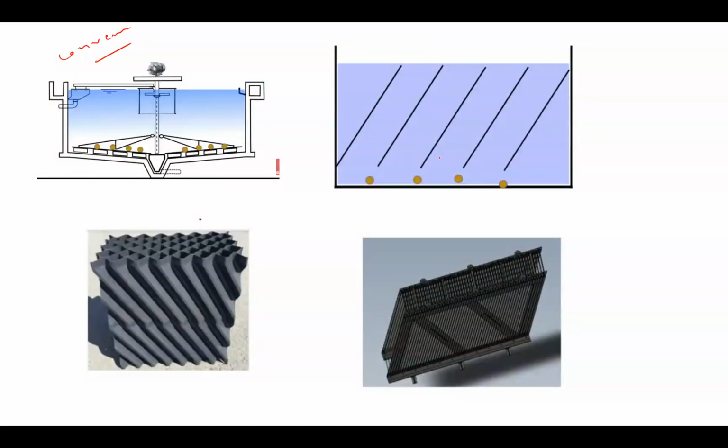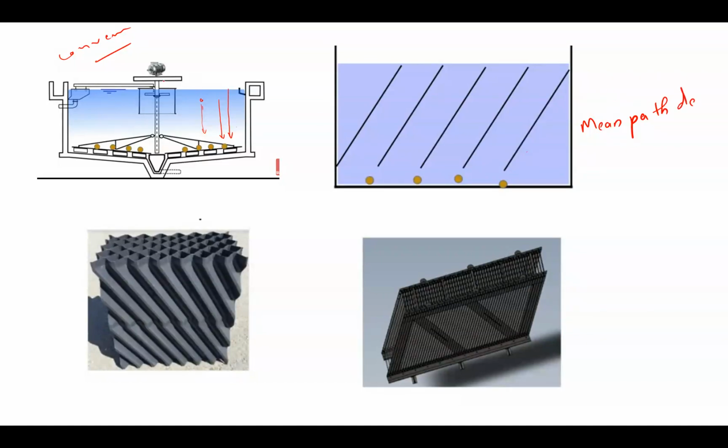Here you can see that the settling particles have to travel this much distance. The aim of the modification of the whole system is to decrease the mean path length, for increasing the efficiency of the settling. You have to decrease the mean path length.